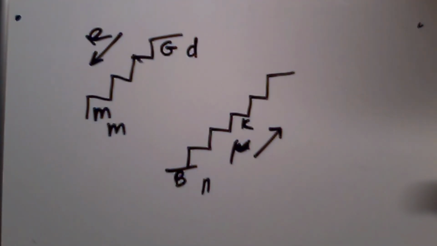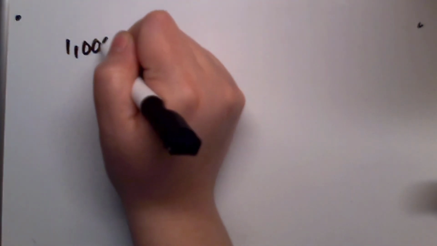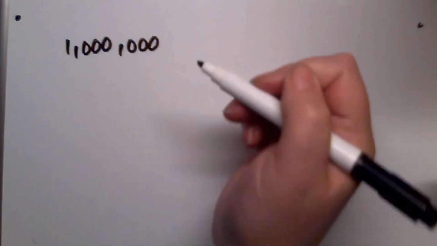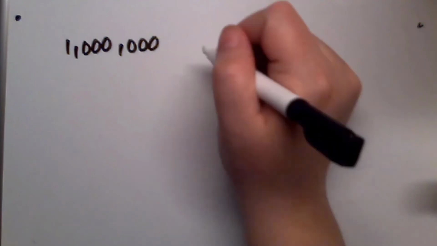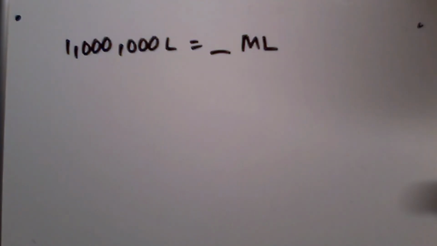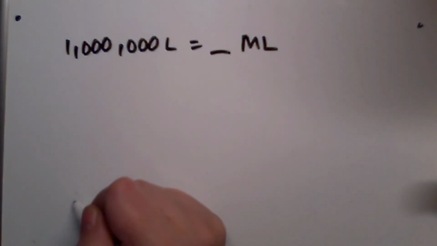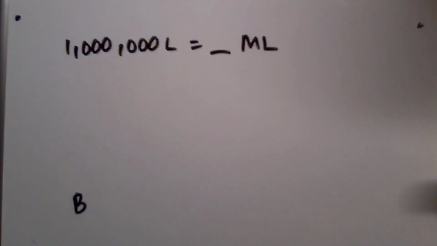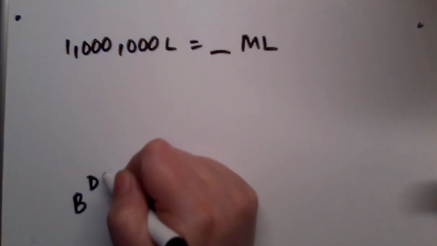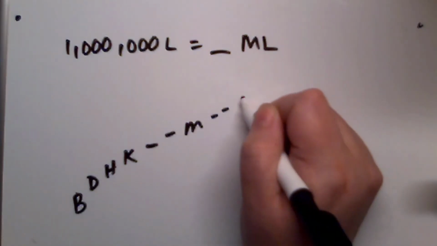So we can do a few examples of these. I'm going to pull the examples from that slide that we were just previously looking at. The first one says that we have 1 million liters. How are we going to convert that to megaliters? We can use the upper half of our staircase. Remember, we have our base, which is liters in this case, and then we have deca, hecto, kilo, 2 stairs, mega, 2 stairs, giga.